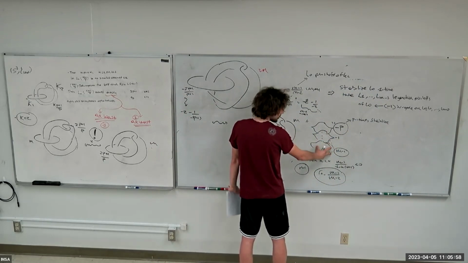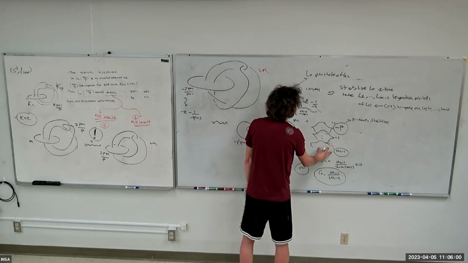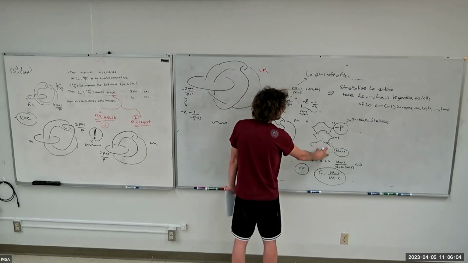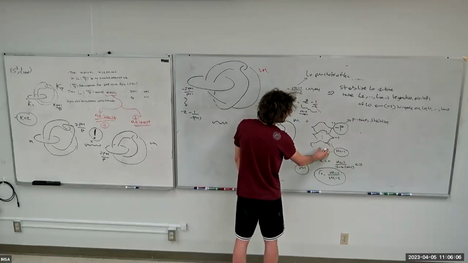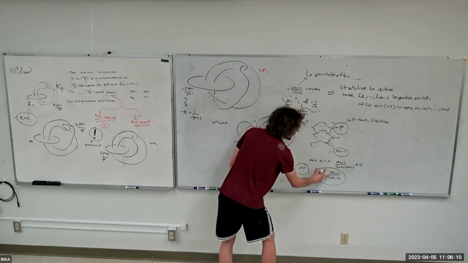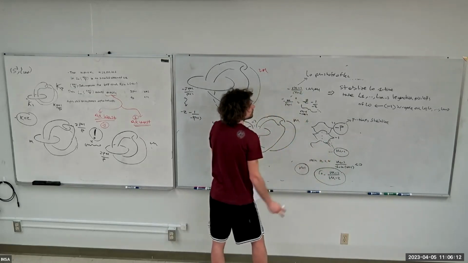+1 surgery on the original right-handed trefoil. Then what I have to do is take a push-off of that, take a stabilization, and then take m minus 3 push-offs of that and perform minus 1 surgery there.